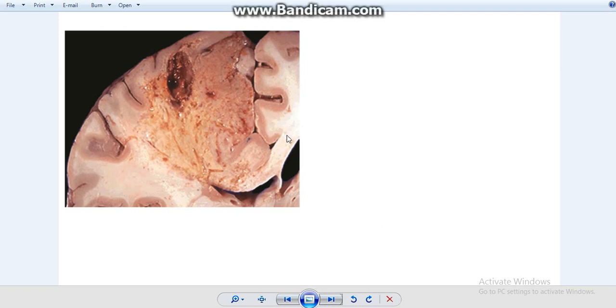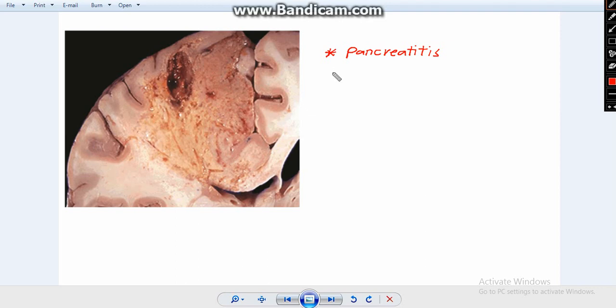Now, liquefactive necrosis occurs mainly in two other areas except for the brain. The first is pancreatitis. In pancreatitis, the enzymes within the pancreas get activated within the pancreatic ducts and within the pancreatic parenchyma, and they digest the pancreas and liquefy that tissue, and it becomes necrotic tissue.